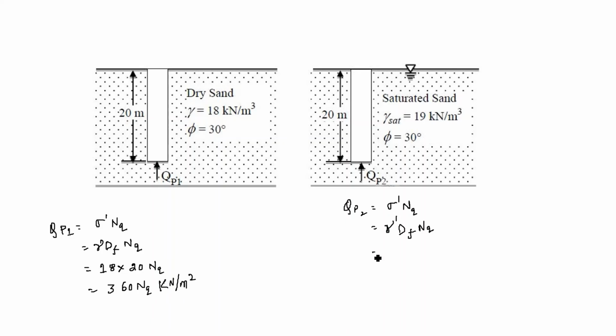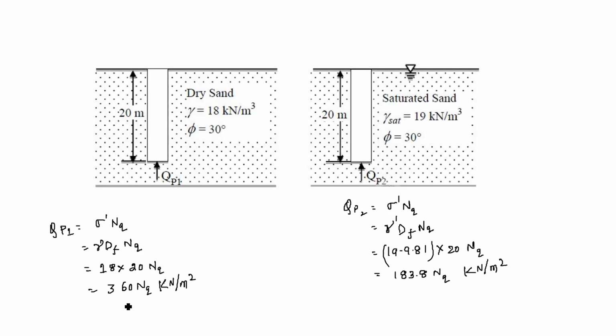Gamma submerged is 19 minus 9.81, that is saturated unit weight minus unit weight of water, into depth of foundation 20 and Nq. So this will be 183.8 Nq kilonewton per meter square.